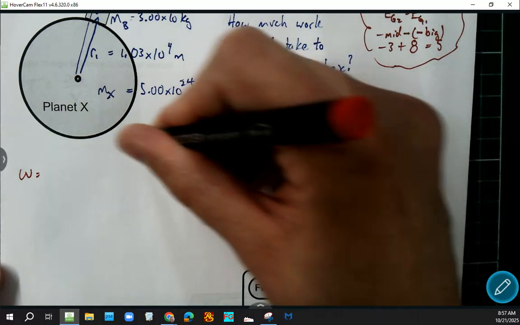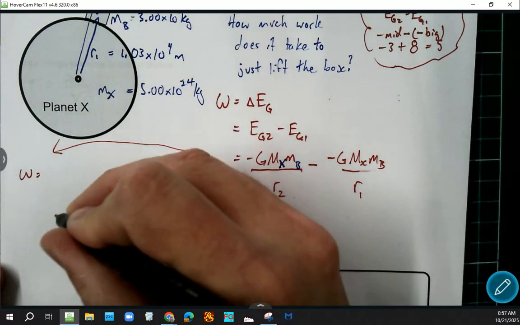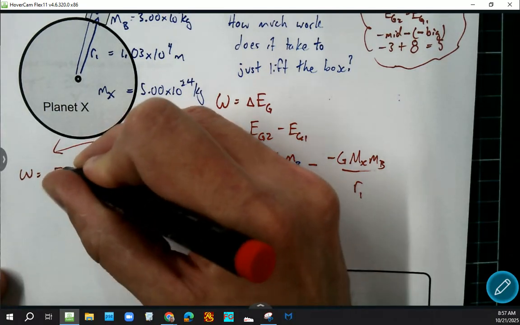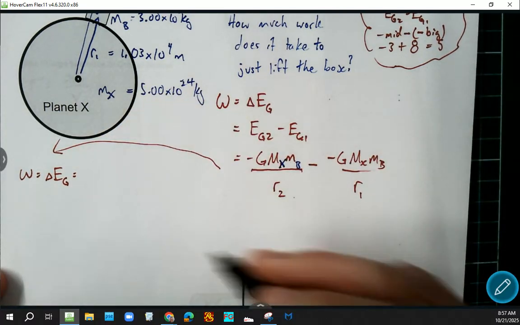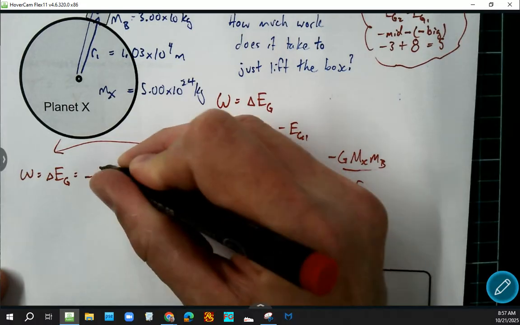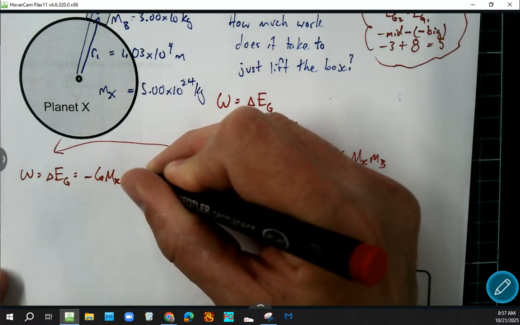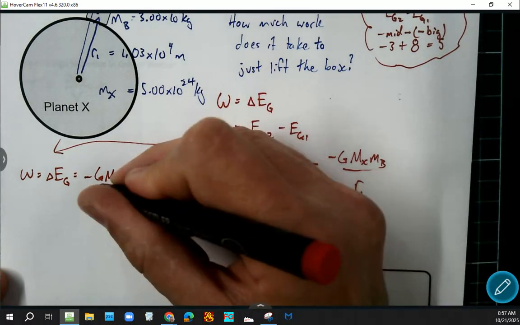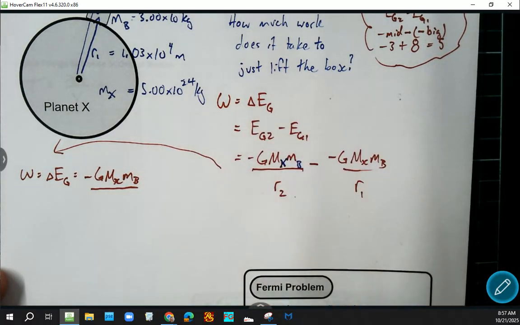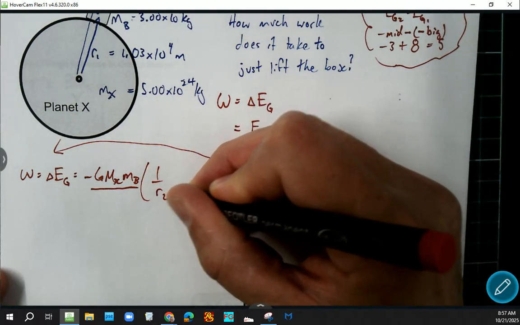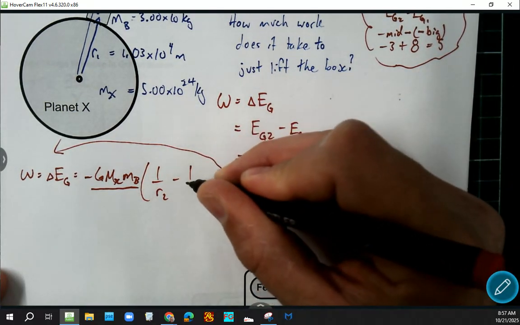So I'll pop them back over this way. The work is equal to the change in gravitational potential energy, just so we don't lose that idea. But James is right. Negative G mx mb for box over nothing, actually, times 1 over R2 minus 1 over R1.